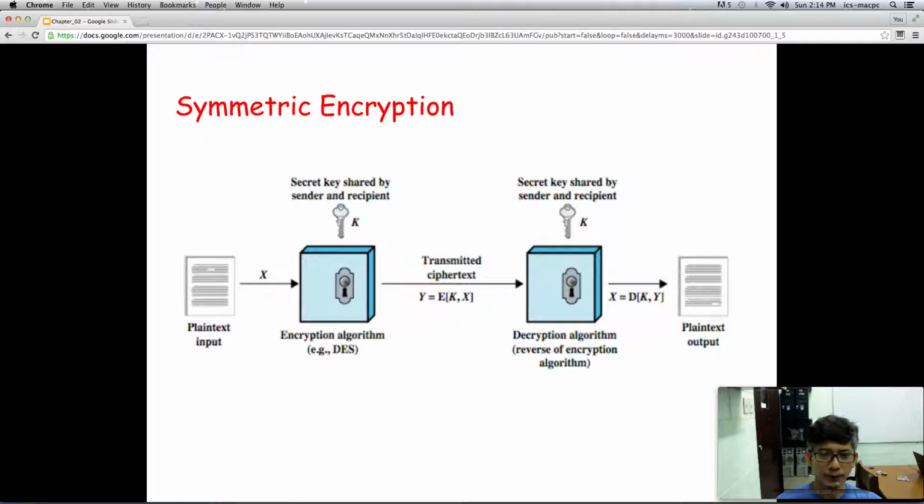So that's how simple it is. Now, it is possible that there can be many receivers, and that means that they're all going to use the same key.